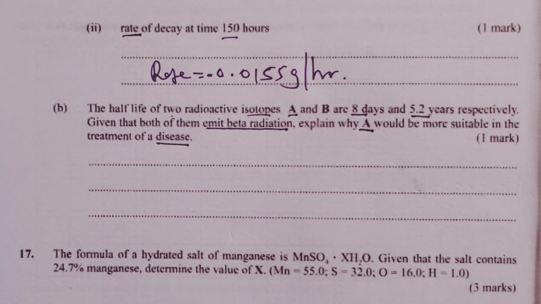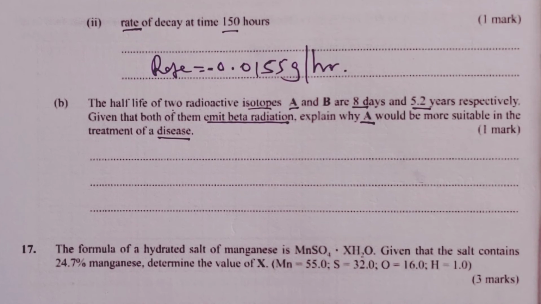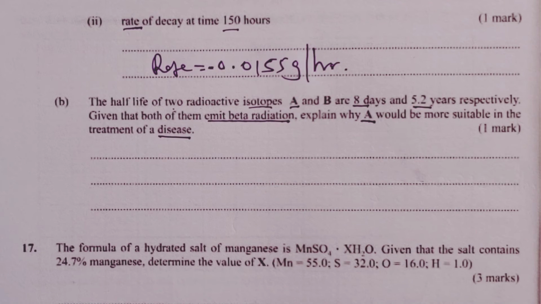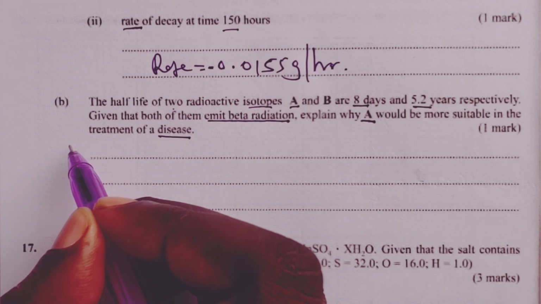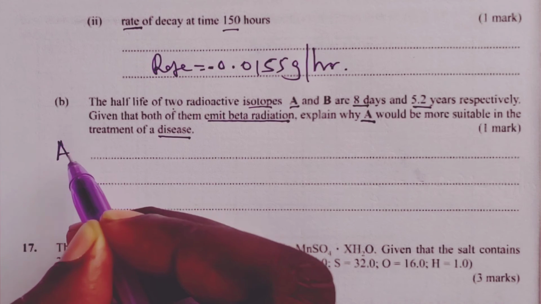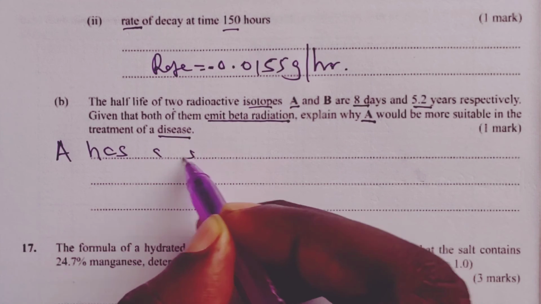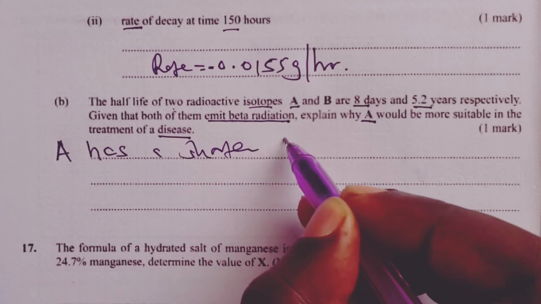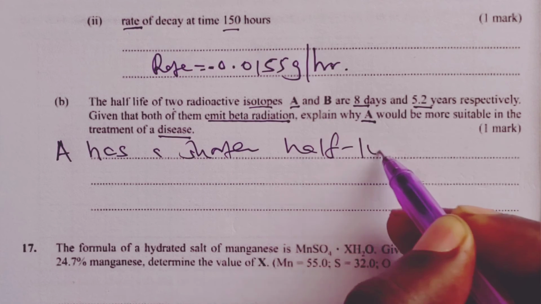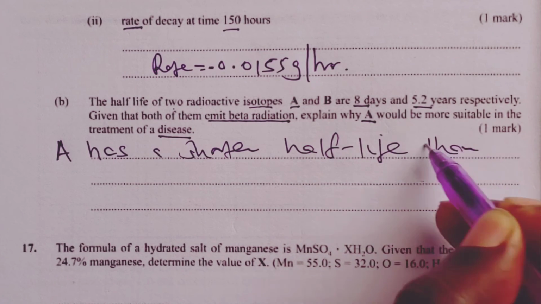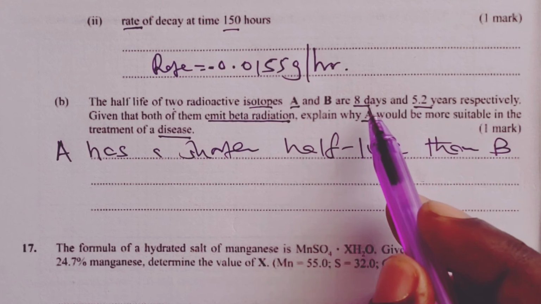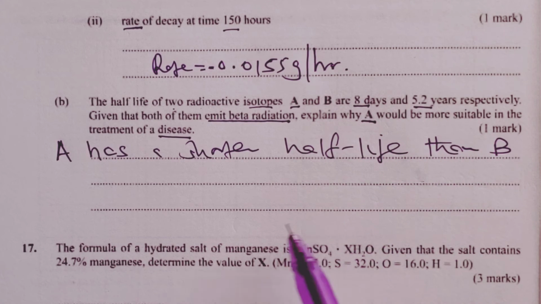Of course, this is treating a human being, and for that matter, A would be the most suitable. So A has a shorter half-life than B. Of course, that is true, 8 days and 5.2 years.